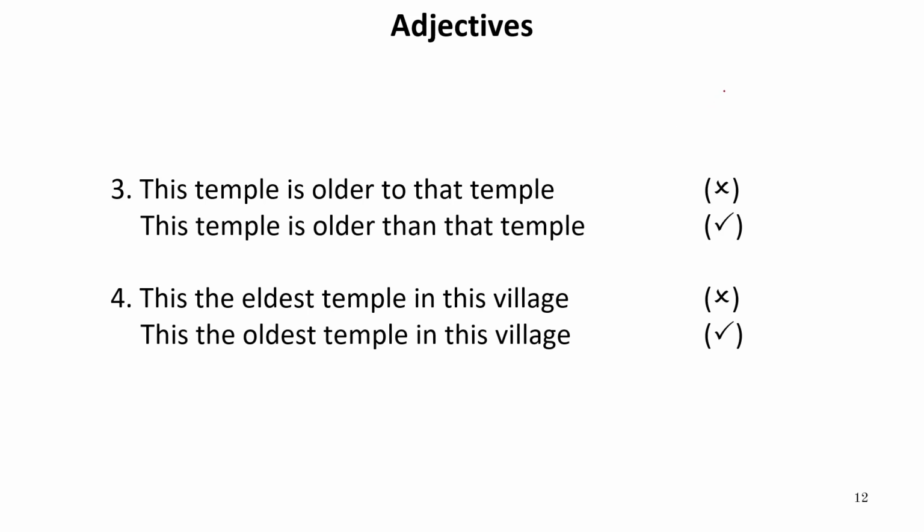Suppose there are two people, A and B. A is 4 years old, whereas B is 6 years old. So we can say B is elder to A, because B is bigger than A. So in case of persons, we use elder. In animals and buildings, in non-living things, we use older, not elder. Now let us move further.